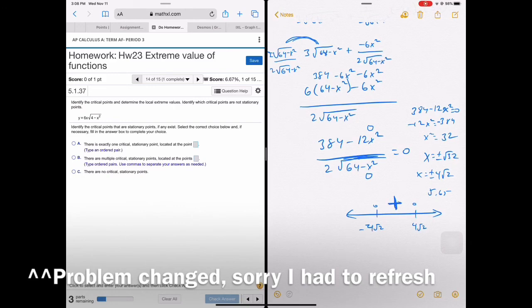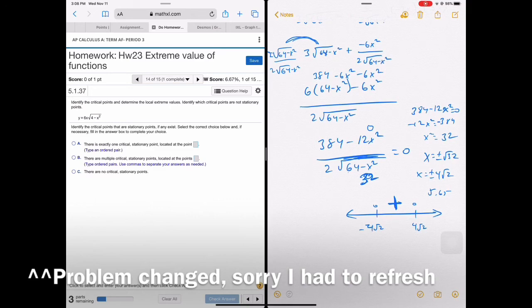If this was bigger than 4 square root of 2, I noticed something. If it's bigger than 4 square root of 2, what happens here? 4 square root of 2 is really square root of 32. If I plug in 32 here, 64 minus 32 is still a positive number, okay? So we're still positive on the bottom.